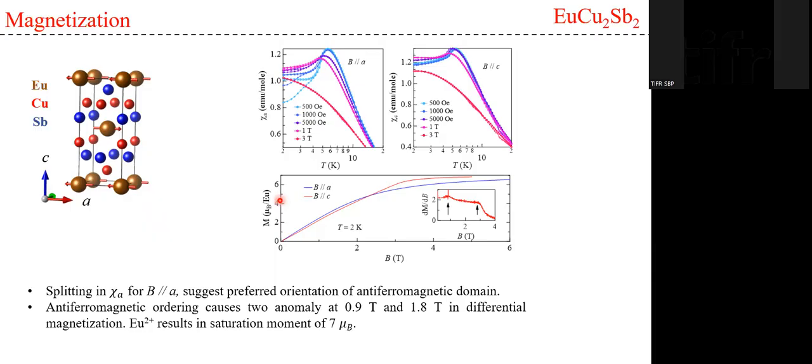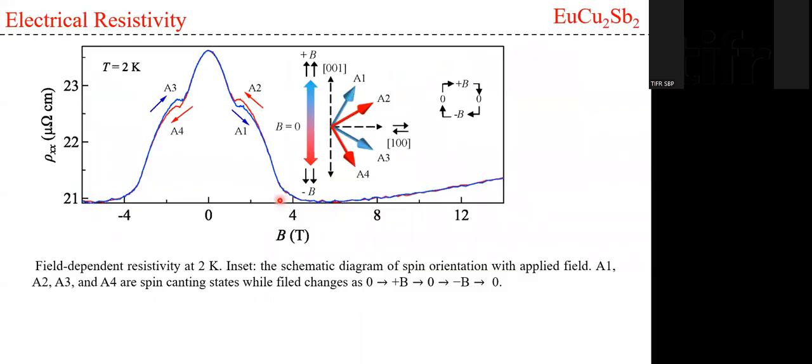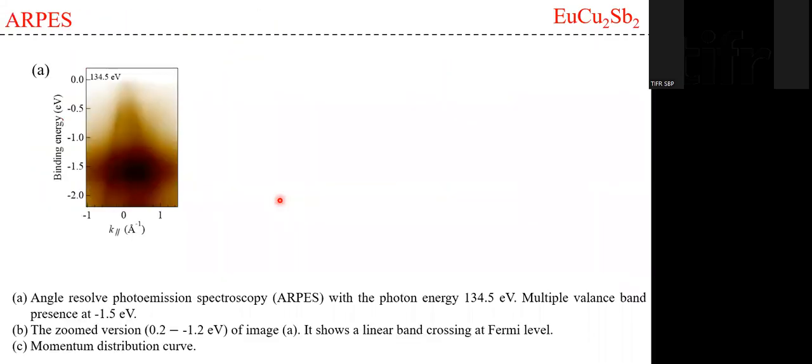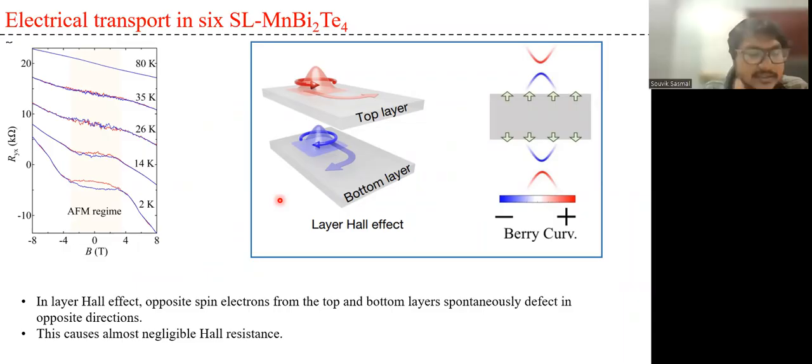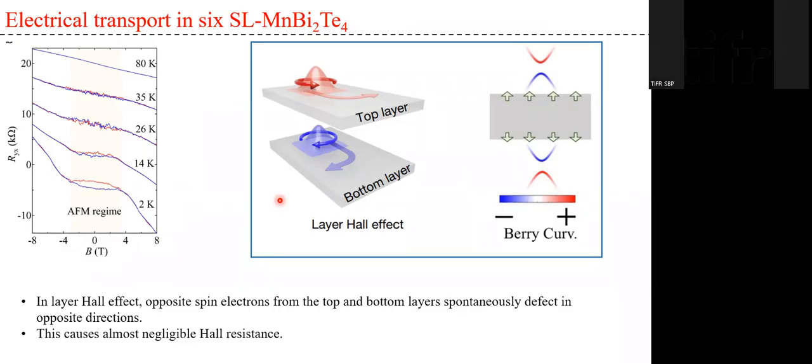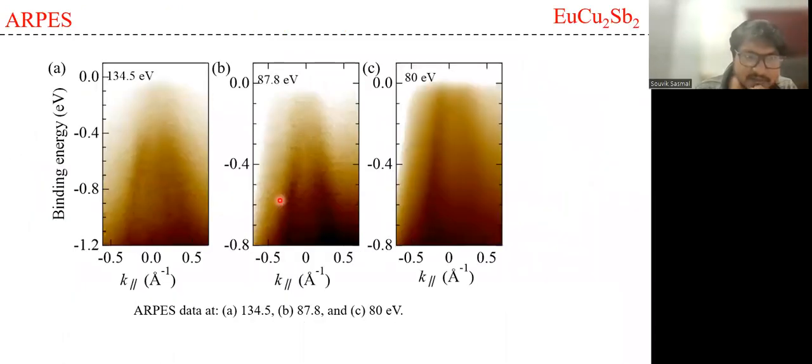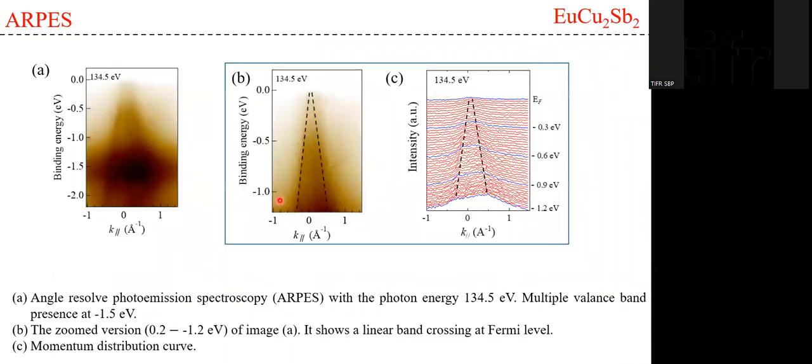Okay. I actually had one question. Let's say the layer Hall effect also gives Rxy equal to 0, and if there is no such effect, like nothing is happening, no anomalous Hall effect, then also Rxy is equal to 0, right? So how can one distinguish between these two effects? Sorry, can you repeat? Let's say we don't have the layer Hall effect.